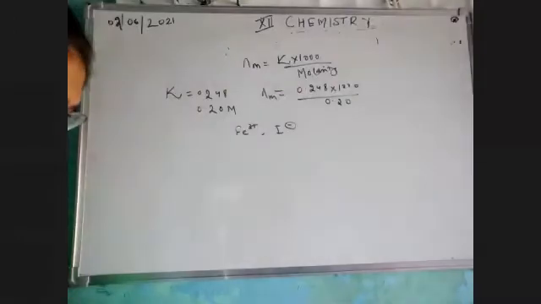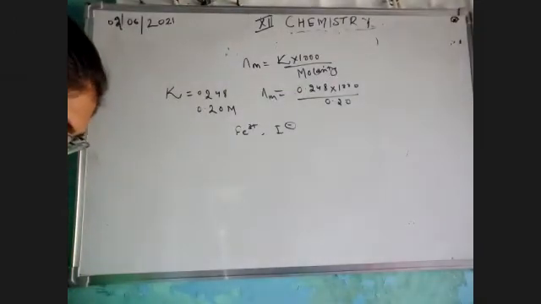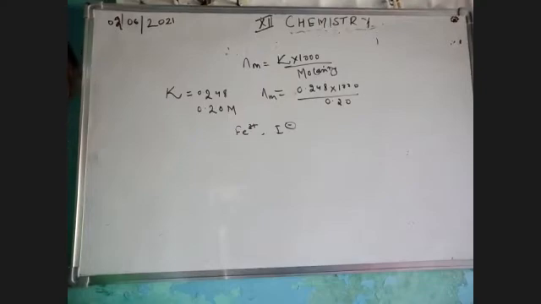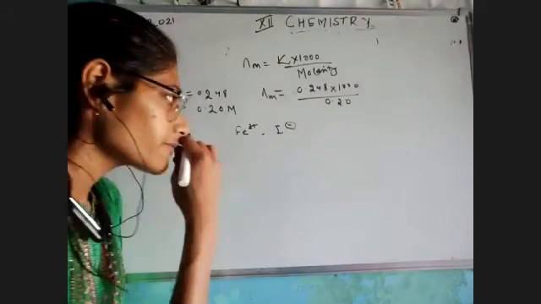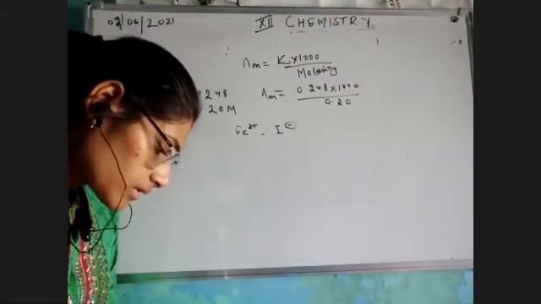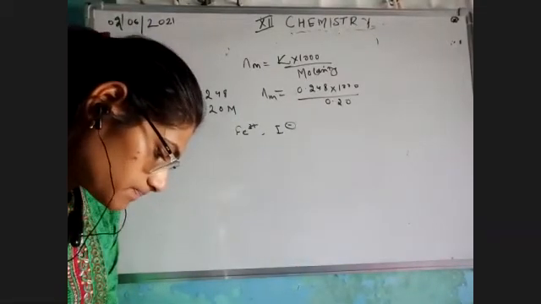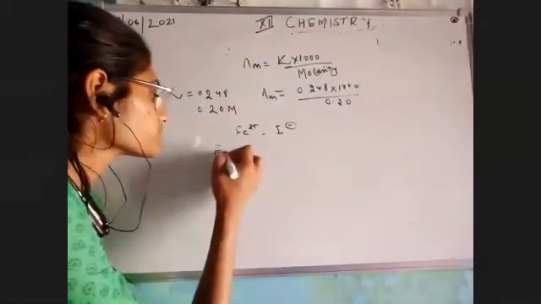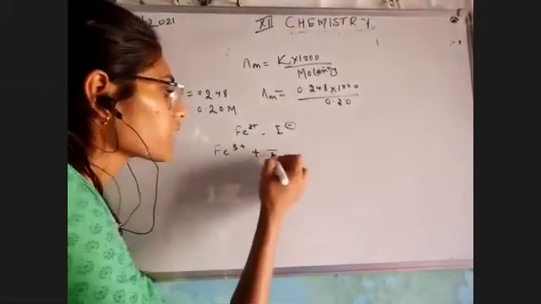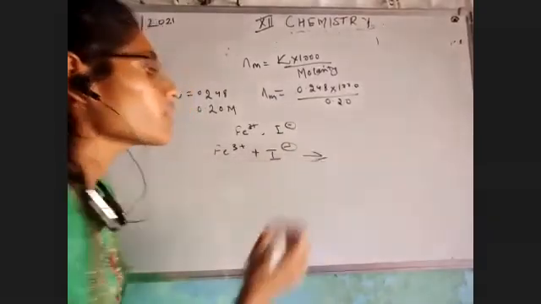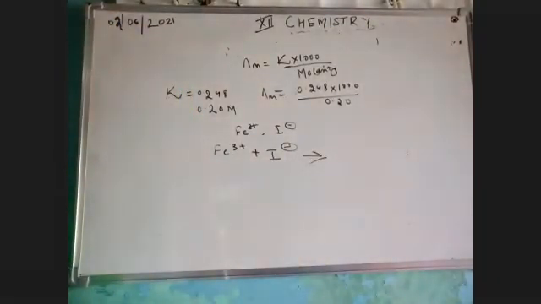For example, we have been provided with this question, and all the values for iron as well as iodine are given. Fe3 positive plus I negative. Now, first of all, for making the reaction complete, we need to know on which species reduction is taking place and on which species oxidation is taking place.